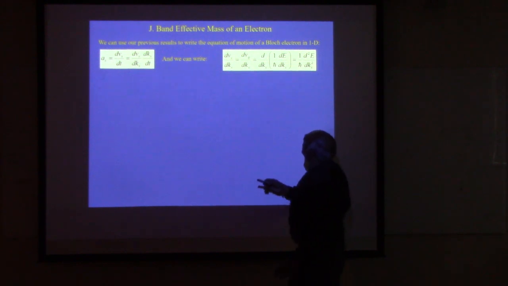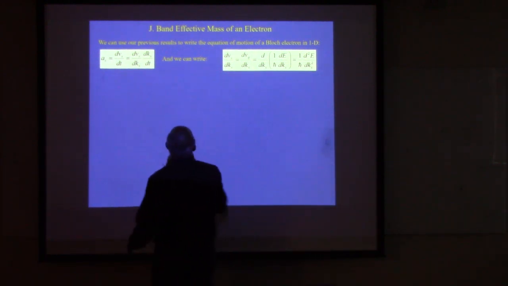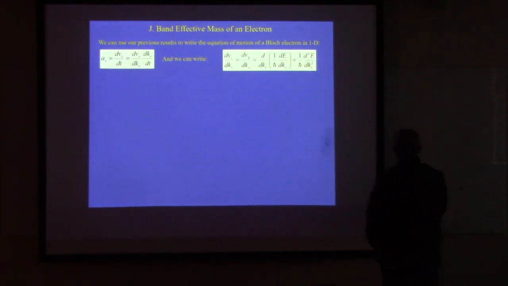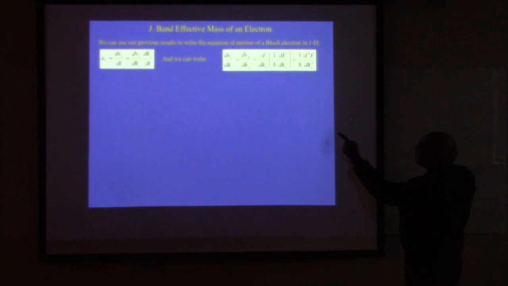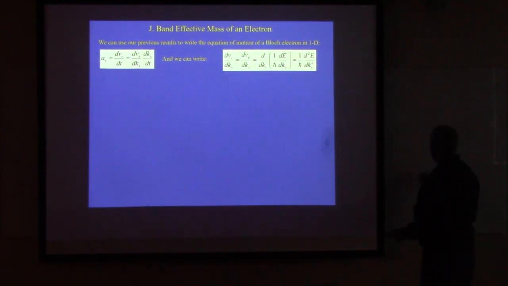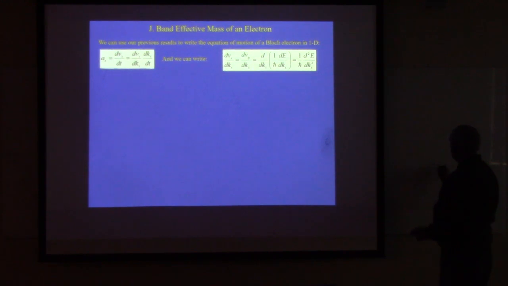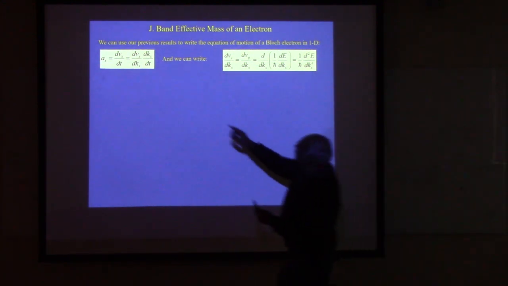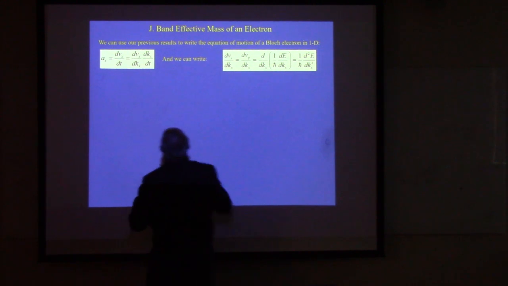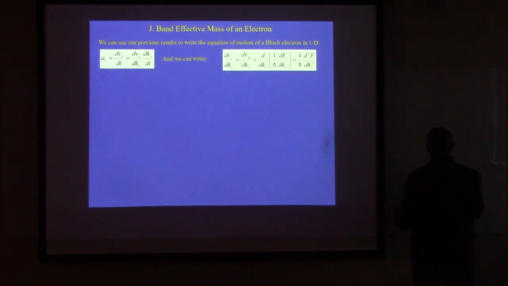So now, if I put it here, what do I get? ax, I can write as dv over dk x, which we write as 1 over h cross d squared E over dk squared. That is dv over, only this part, right? dv over dx, so times dk over dt.